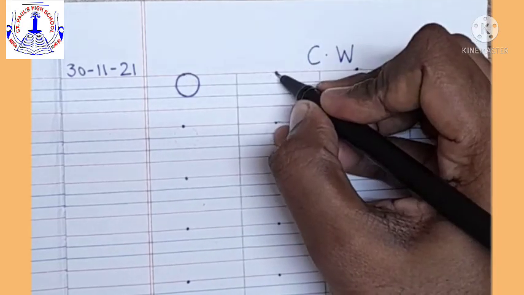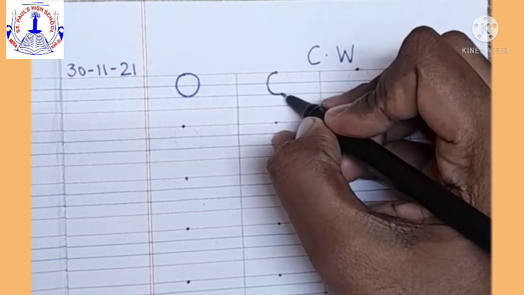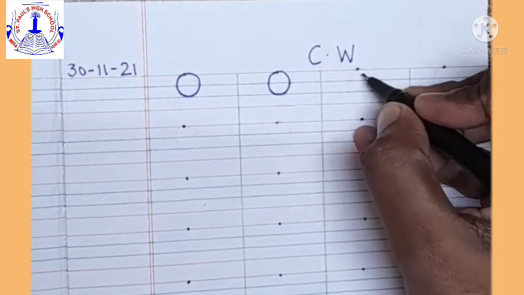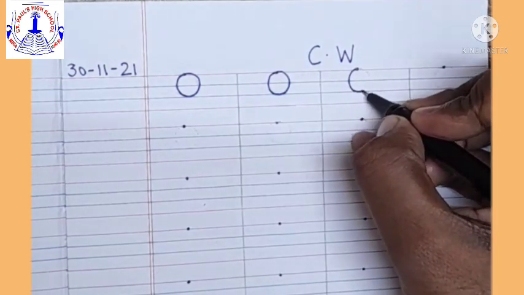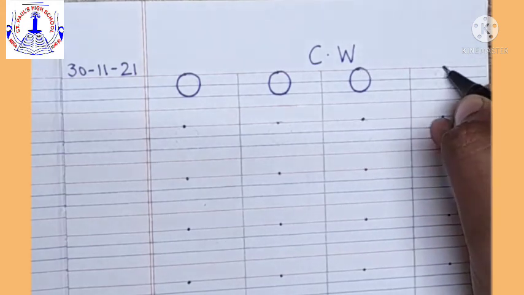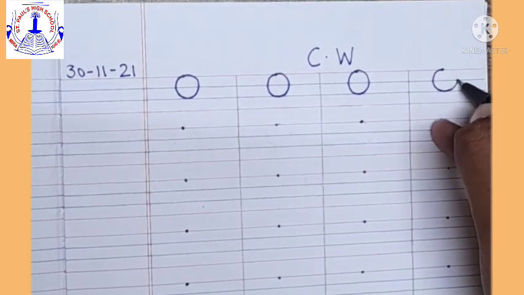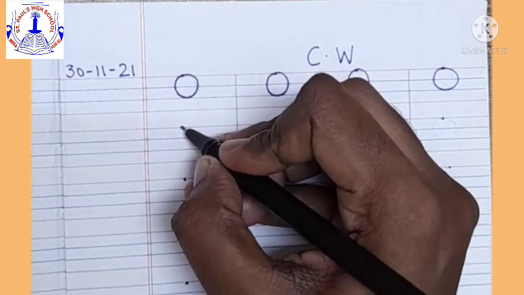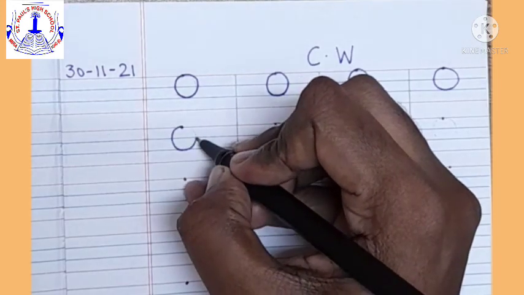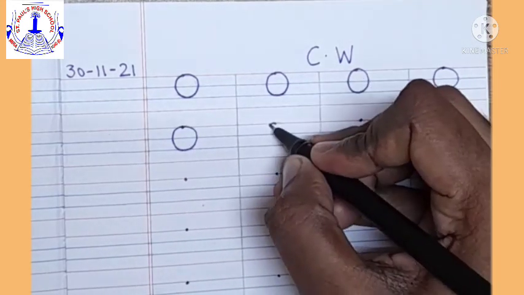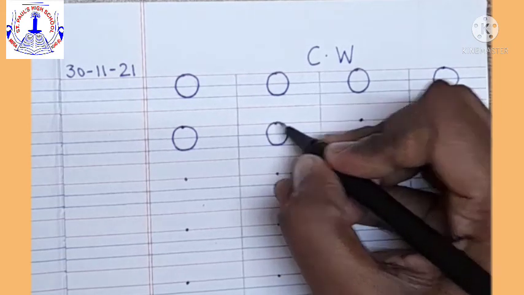This is your O for owl. O says O, orange. Yesterday we had learned, my children. Yes. So just you have to join the dots and complete your tracing line.